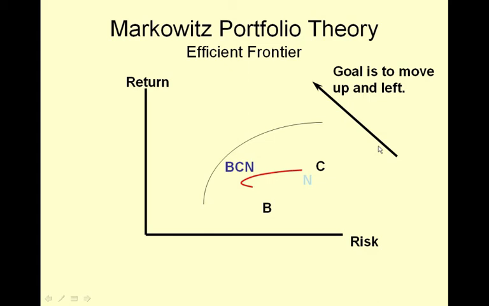And our goal in portfolio design is to move up and to the left, that is, toward higher return and lower risk. As we continue to add stocks to our portfolio, we'll move up toward this line, which is called the efficient frontier, because it maps out the efficient combinations of risk and return that are available to the investor.